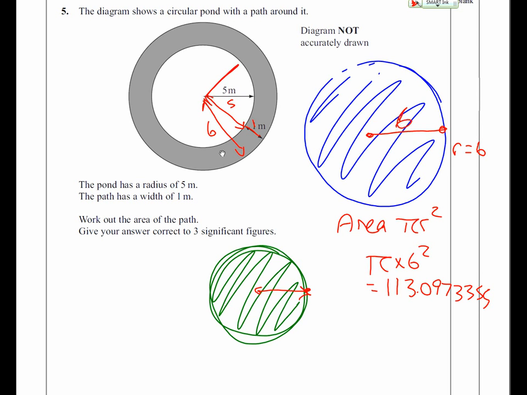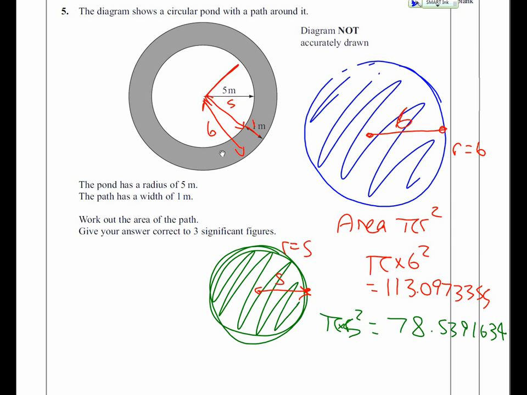Okay, the circle, this radius is 5. The gap, again, we're going to use the same formula, and it's going to be pi times 5 squared. On your calculator, 5 times 5 times pi, which gives you 78.5398164.